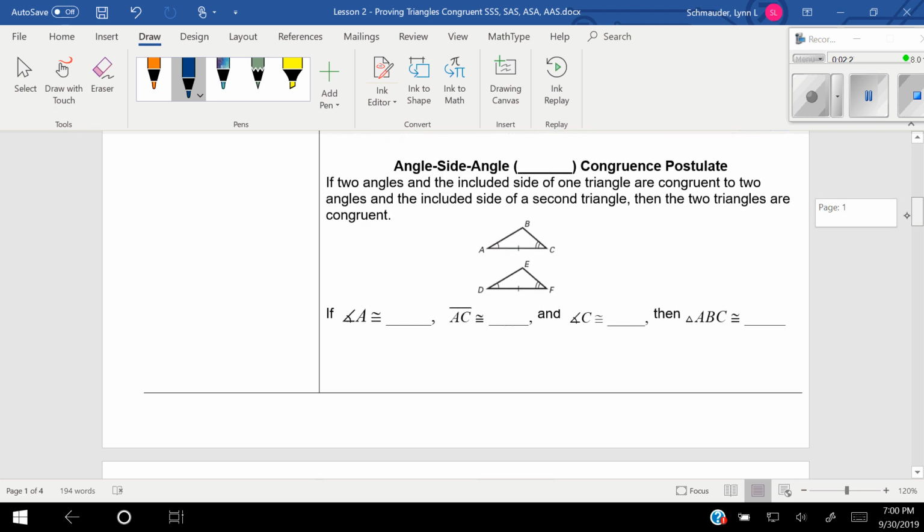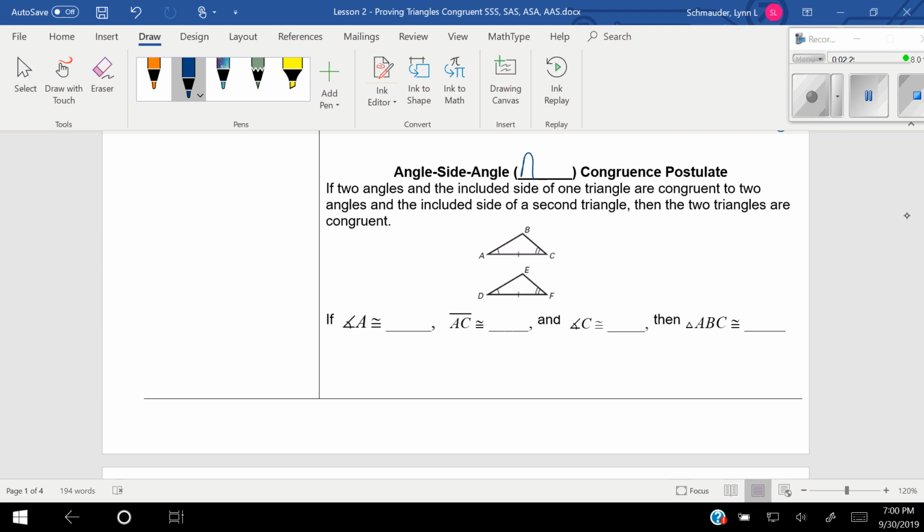Now we've got angle-side-angle, ASA, as you probably would have guessed. And it says if two angles and the included side of one triangle are congruent to two angles and the included side of a second triangle, then the two triangles are congruent. So see here again, this side AC is included. In other words, it's in between the two angles.